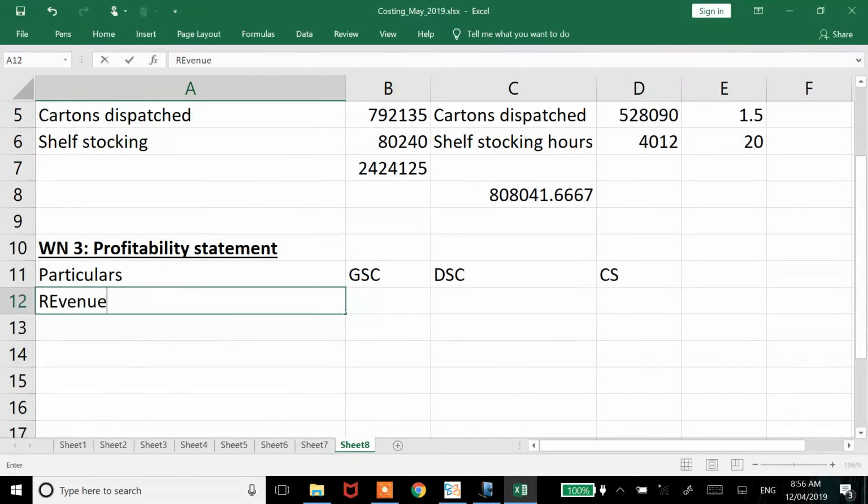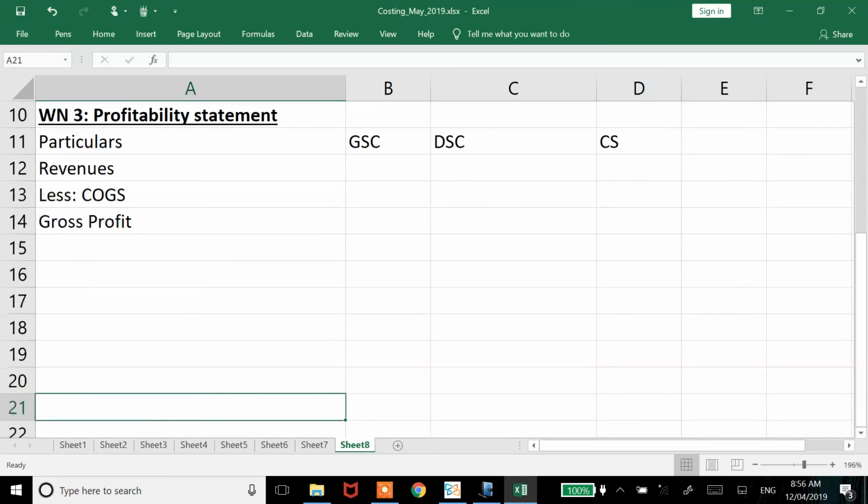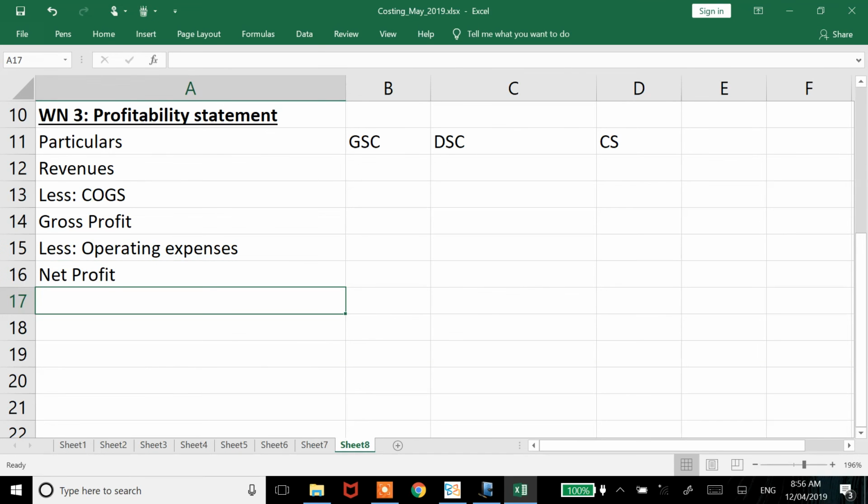Now it is revenues less cost of goods sold. I technically call this gross profit if I want, or I can even not show this gross profit. Revenues less cost of goods sold, you get gross profit, less operating expenses, and we get net profit.